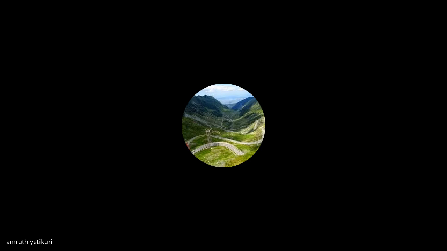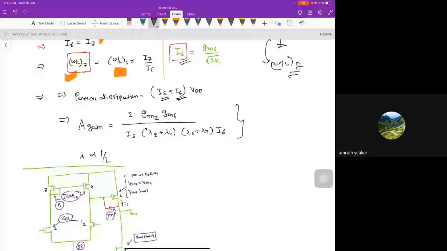Now, this is again what I have simplified. I have just taken RO as 1 by lambda into I. That term I have mentioned in the gain here. And lambda is proportional to 1 by L. So these two transistors are deciding the UGB. These two transistors, ICMR plus.